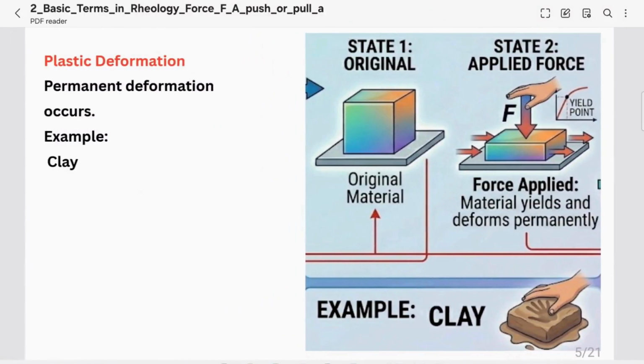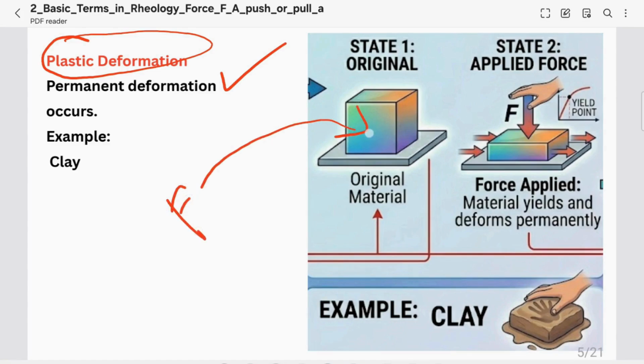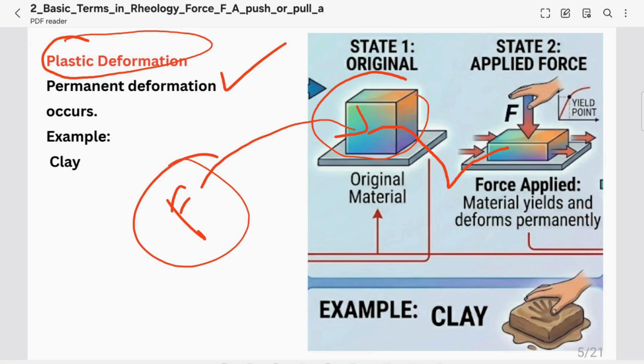Plastic deformation. This type of deformation is permanent deformation. When the force is applied to the material, it undergoes deformation, that is, change in shape and size, but does not come back to its original shape and size when the force is removed.